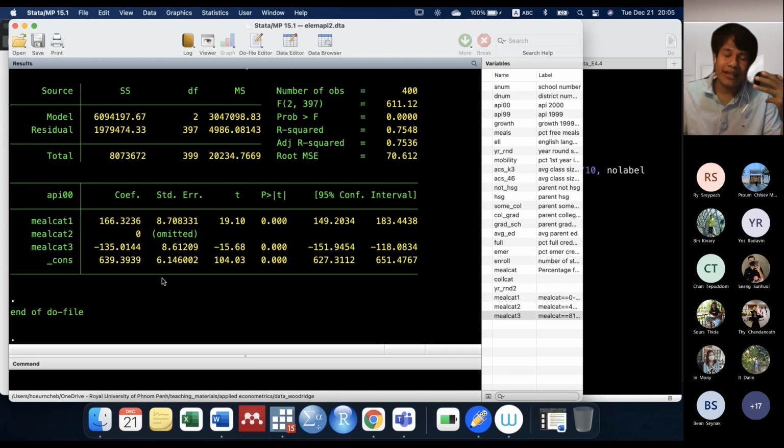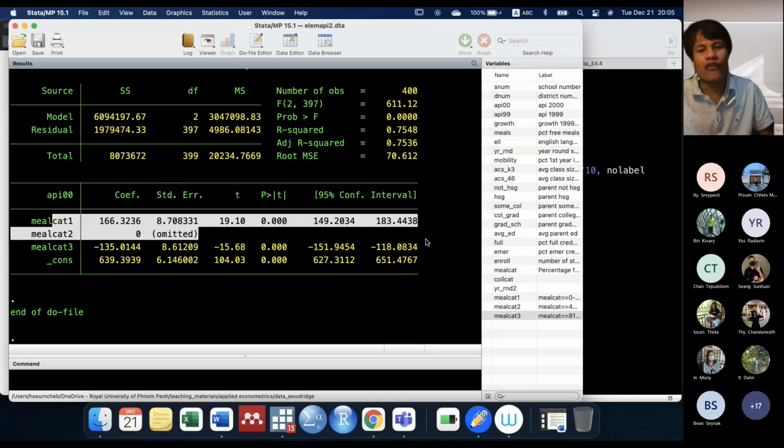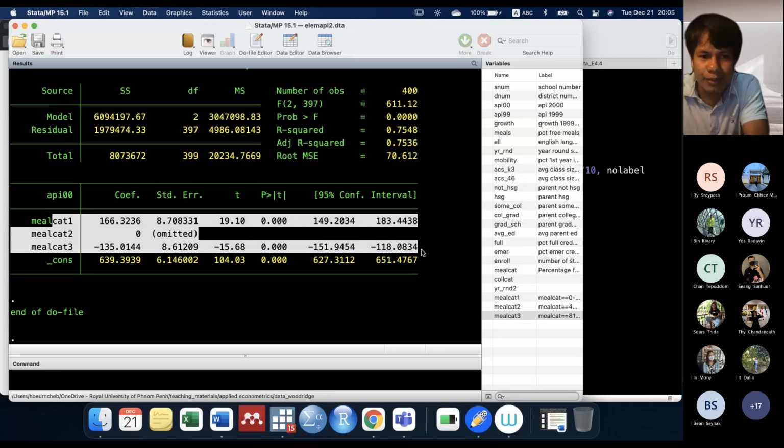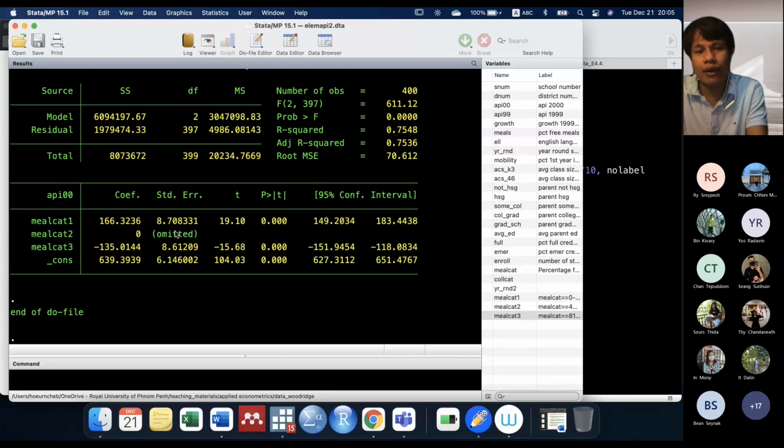Because the variable contains 3 categories, if I include 3 dummy variables, we fall into what we call the dummy variable trap, because each school only falls into 1 category. If I include all 3 variables, they are linearly correlated. You get what I mean? So if you run all 3 variables, 1 variable will be automatically dropped.